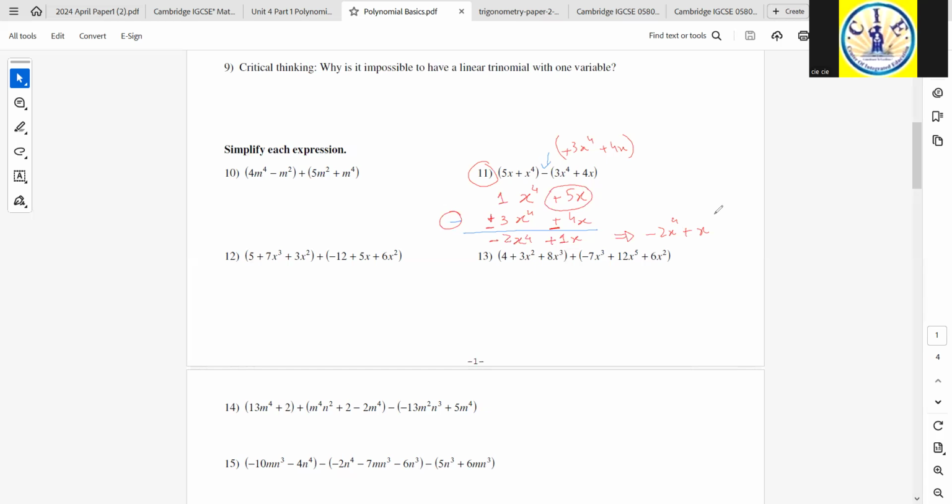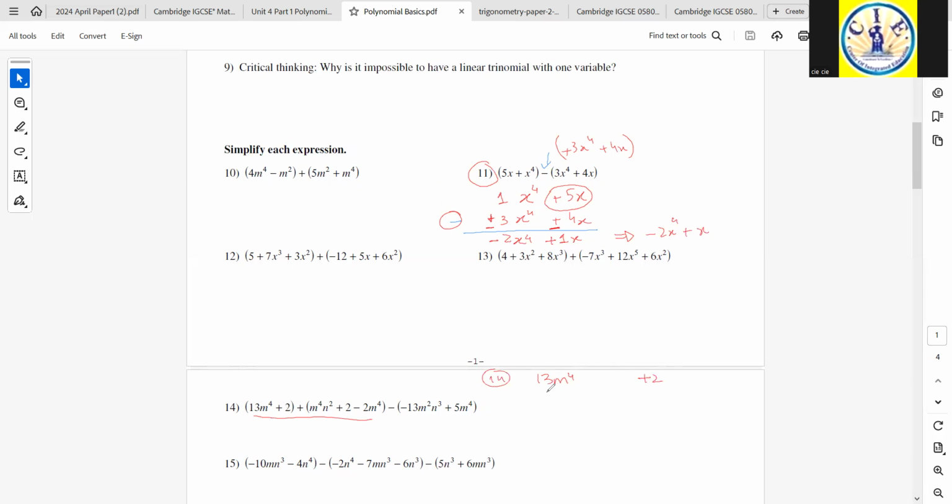Okay, let me do question number 14 now. I need to add these two. So 13m raised to the power 4, then plus 2.